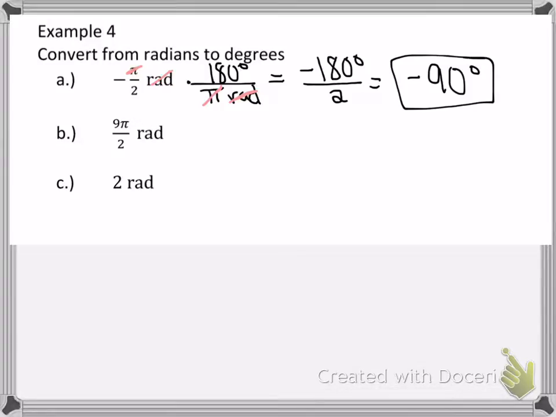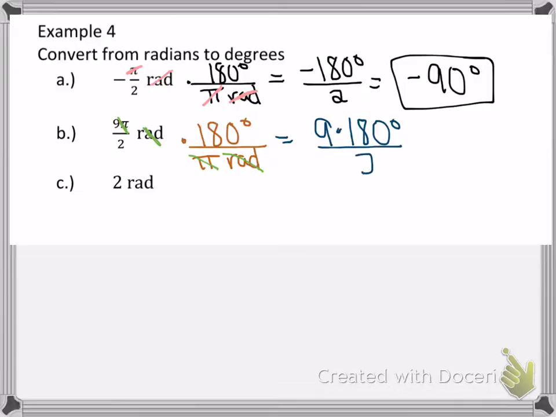Number 2, again, I'm going to multiply by 180 degrees over pi radians. My pi's and my radians all cancel. So I end up getting 9 times 180 degrees divided by 2.